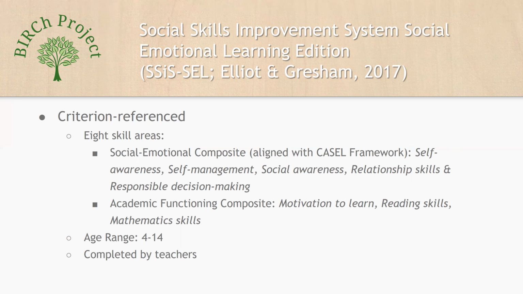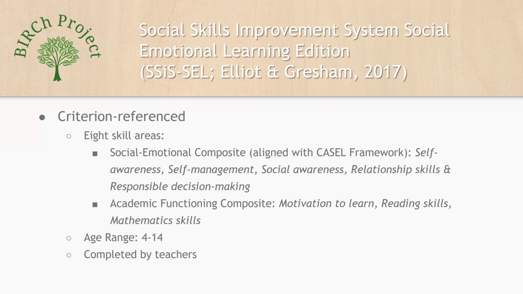With the SSIS SEL, there are 8 skill areas. There are 5 skill areas that align with the Collaborative for Social Emotional Learning, or CASEL framework. And those are self-awareness, self-management, social awareness, relationship skills, and responsible decision-making. So you have one form or one scale for each of these skill areas.